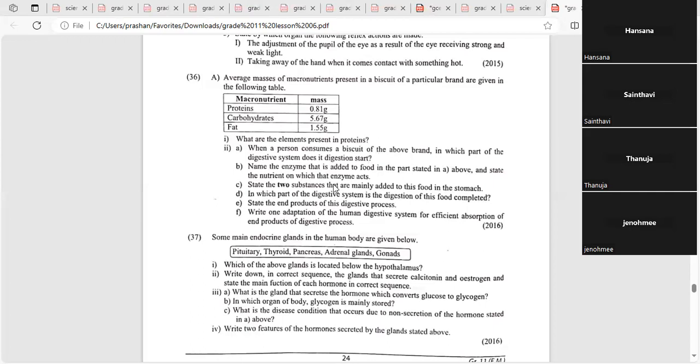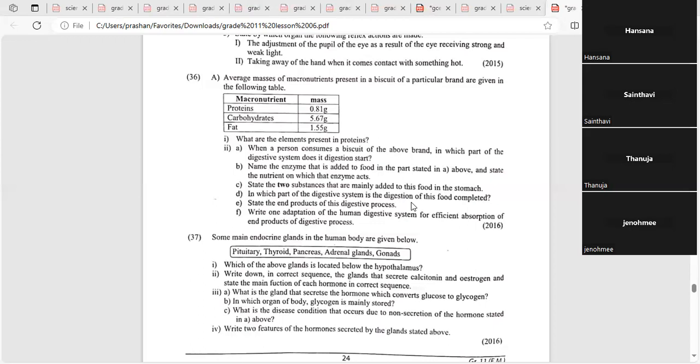Then part E. State the end product of this digestive process. After digestion, all complex organic molecules are converted into simple organic molecules. Proteins turn into amino acids. Carbohydrates turn into monosaccharides.